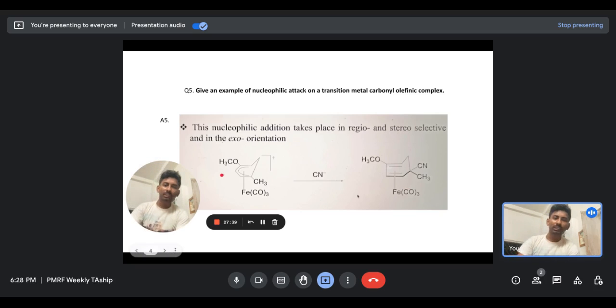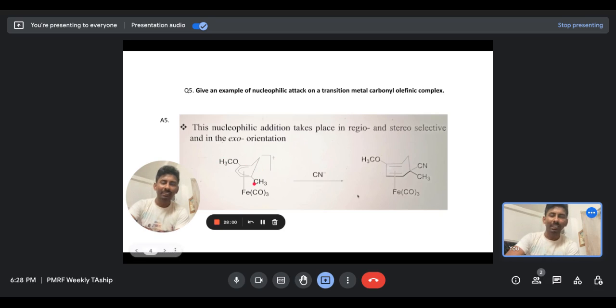In this case the positively charged carbocation is there, and the position alpha to the OMe is well stabilized by the plus R group, so it has the highest electron density. That's why the cyanide gets repelled from this OMe group by the electron enrichment of the OMe group.